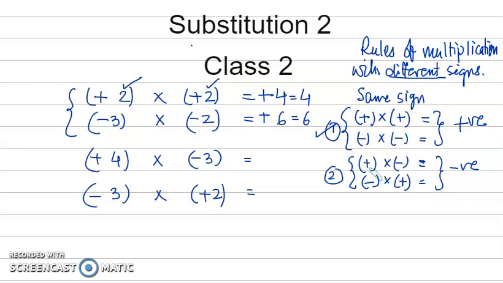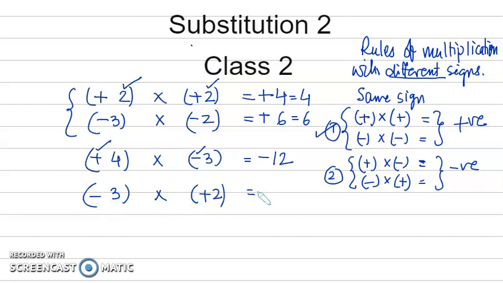Whether plus comes first and minus later, or minus comes first and plus later, the resulting sign will always be negative. Plus and minus, you can see here, plus is coming first and minus afterwards, so the resulting sign will be minus. 4 times 3 is 12. And in this case, minus comes first followed by plus.